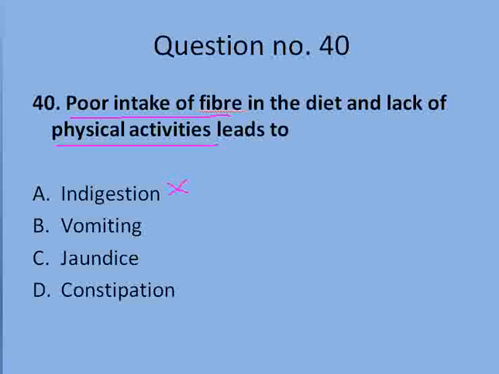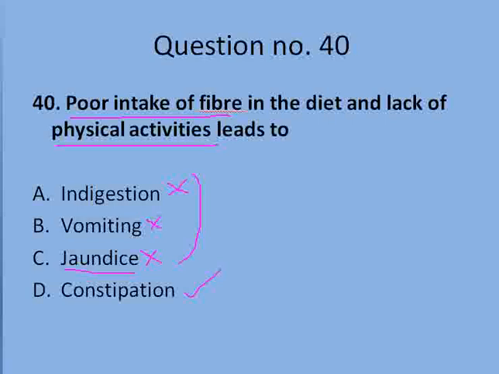So this is wrong. Second one, vomiting. Vomiting may take place due to food poisoning or ill health. Coming to C, jaundice, we all know that jaundice is when the liver is affected. So if all these three are wrong, automatically constipation.